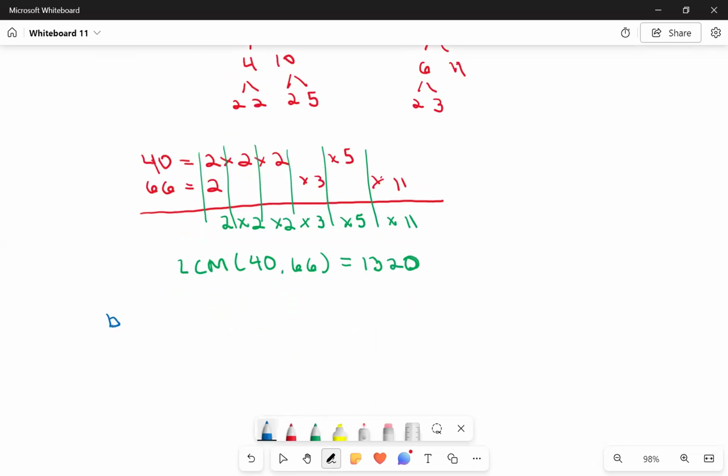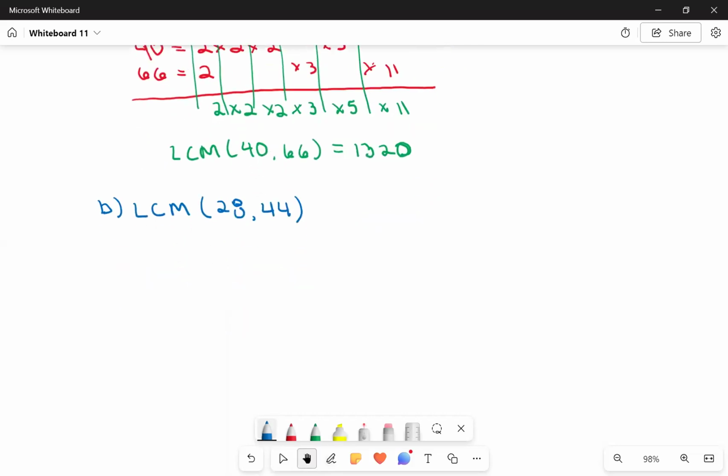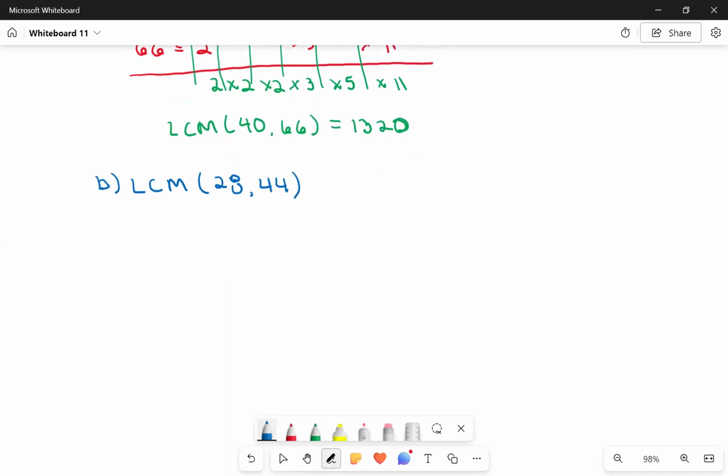Let's try another one. So this will be part B. Let's find the LCM for 28 and 44. Okay, pause the video, prime factor, please, and see what you get. I'm going to start with prime factoring 28.